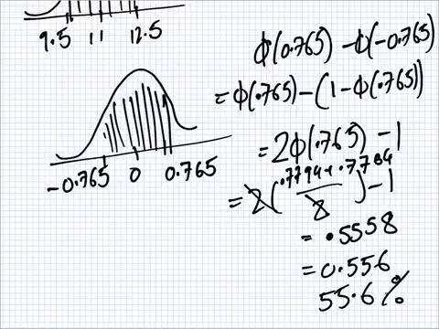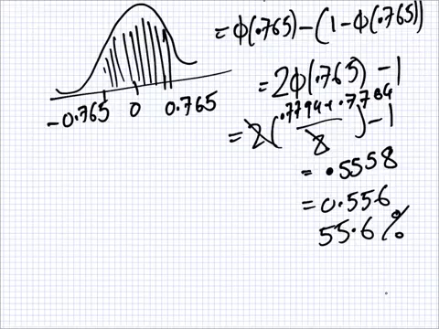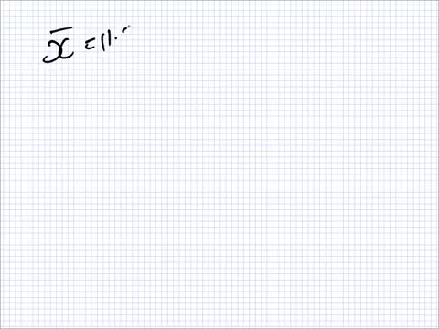Okay, there's one part left here for this one. Can I go down? The last part is a confidence interval. The average, we think it is about 11.5, and the standard deviation is about 4 centimeters.